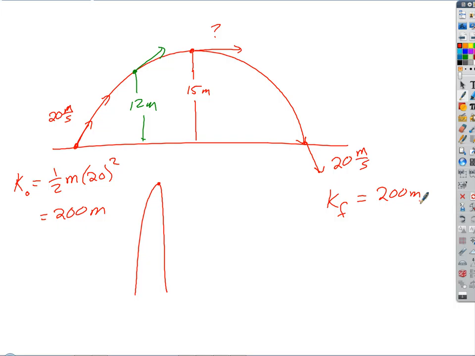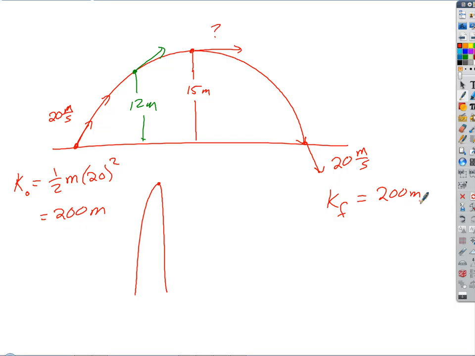Okay, well, somebody tell me, what is the work energy relationship here? Okay, so the work done by all forces equals the change in kinetic energy, right? Everybody agree? How many forces are acting here? One, right?